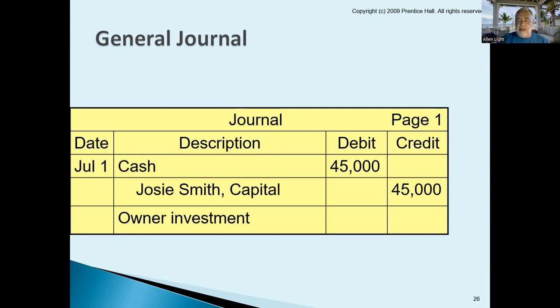Our accounting equation, assets equals liabilities plus owner's equity. If the debits and the credits don't equal, then when I post these to their accounts, my equation is going to be off. It's not going to balance. So debits and credits have to equal. Debits come first, credits come second, and then we indent our credits, okay? Very important.